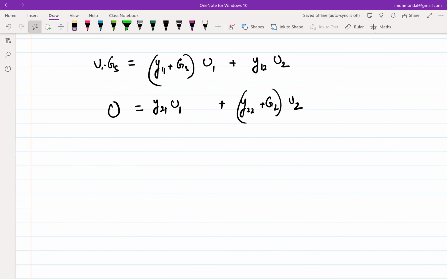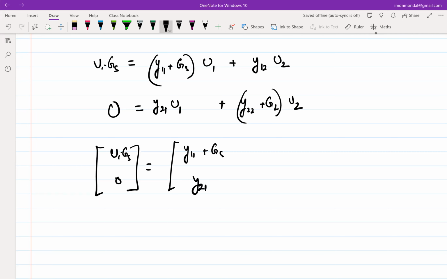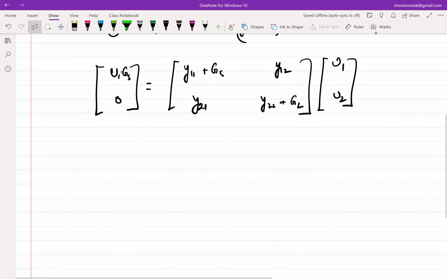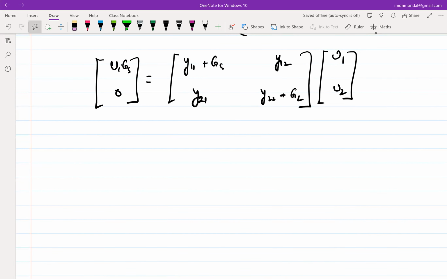So again, I'm deliberately writing this in this form because I'm going into matrix. So this becomes, and now you can use Cramer's rule to find out what is V2.